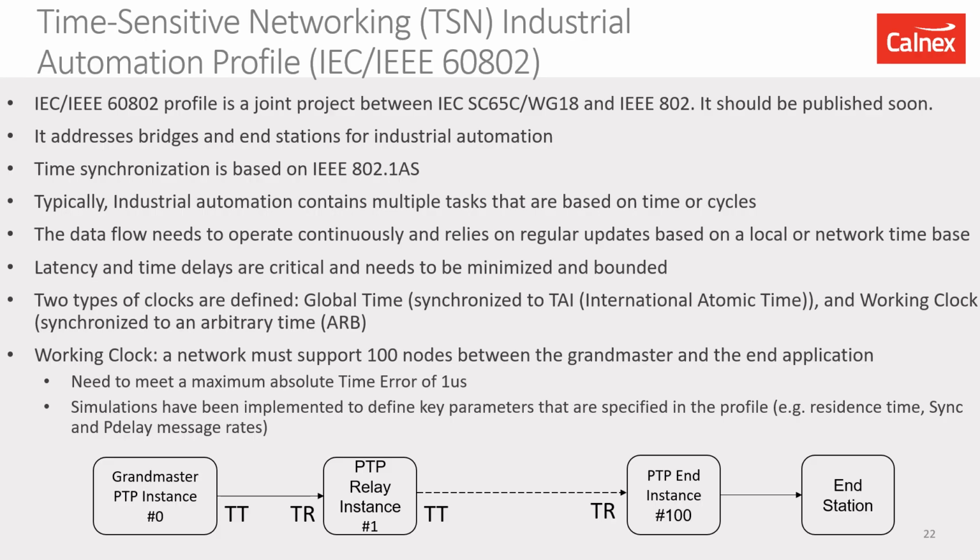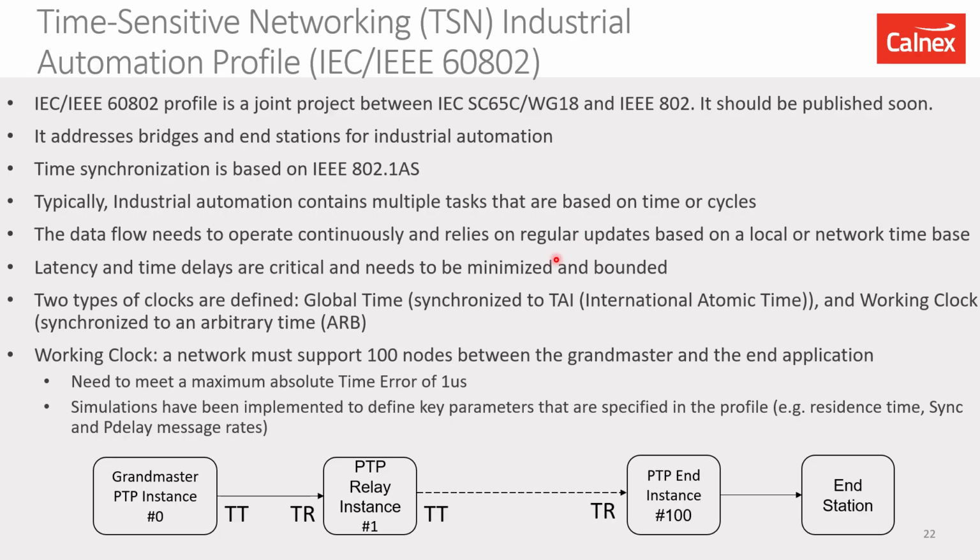As related to industrial automation applications, there is a specific profile that makes use of 802.1AS I mentioned before. This is the IEC/IEEE 60802. It's a project that is being completed in this period, and as I mentioned, it's based on 802.1AS.